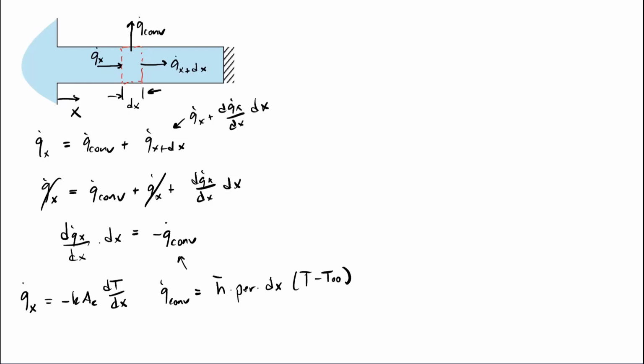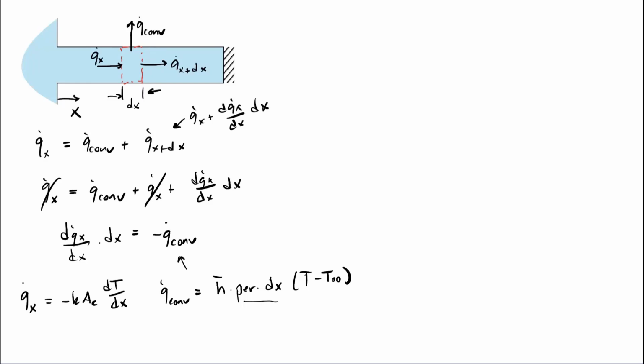Right? T is the temperature at whatever position x. Okay, don't get confused. Perimeter times dx, we're talking about a control volume, not the overall fin itself. This is just an analysis on this differential control volume.